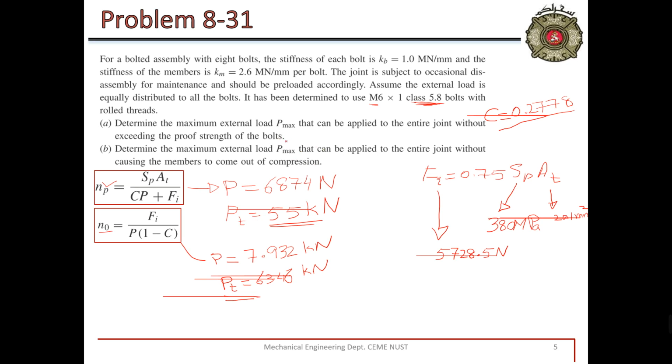So at this point we can apply more load, but if we apply a load greater than 55 kilonewton up to 63.46 kilonewton, at this point the joint will be separated. The bolt will not fail, but the joint will be separated. So the maximum load that can be applied is 55 kilonewton before proof strength, and the maximum load for joint separation is 63.46 kilonewton.